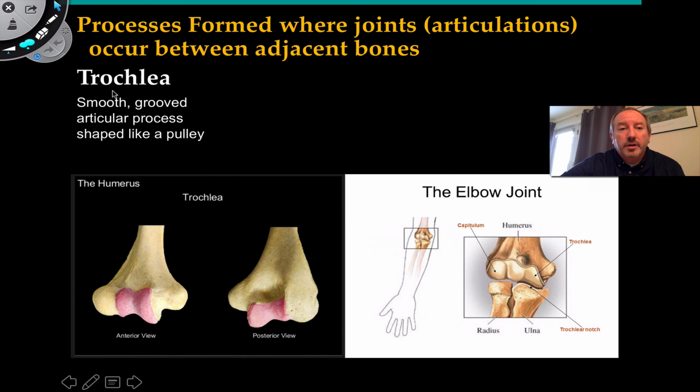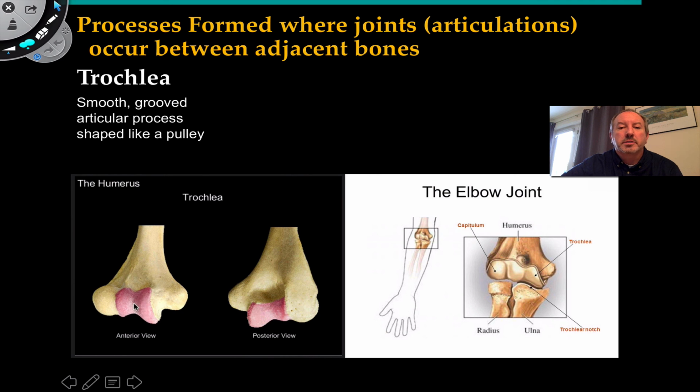The trochlear marking is this grooved articular process. In other words, where bones are attached, it's shaped like a pulley. It has a little indentation right in here. This is found in the humerus, and you can notice here the anterior view and the posterior view.